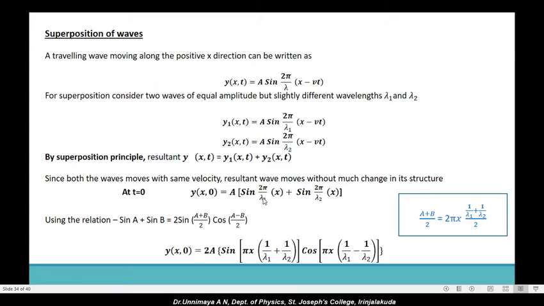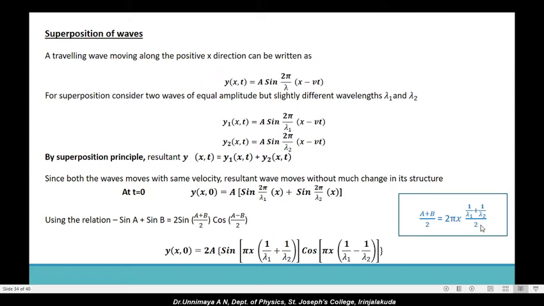Here a is 2πx/λ1 and b is 2πx/λ2. So what will be (a + b)/2? 2πx is common, so take it outside: (a + b)/2 = 2πx(1/λ1 + 1/λ2)/2.